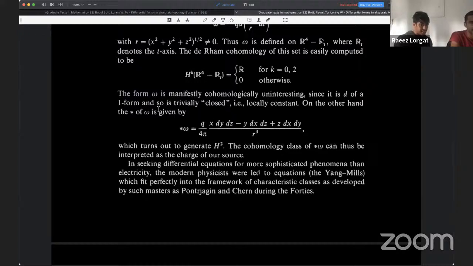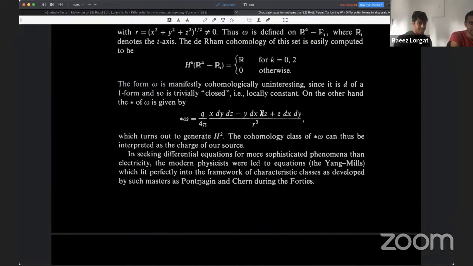But on the other hand, the star, the electromagnetic dual field, is given in explicit coordinates by something that may be familiar. And this is a generator of H2, which we saw earlier. It is one-dimensional. So omega might have been 0, but its dual field in Maxwell's theory is non-zero.